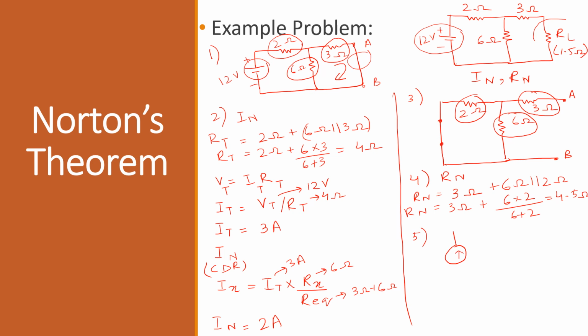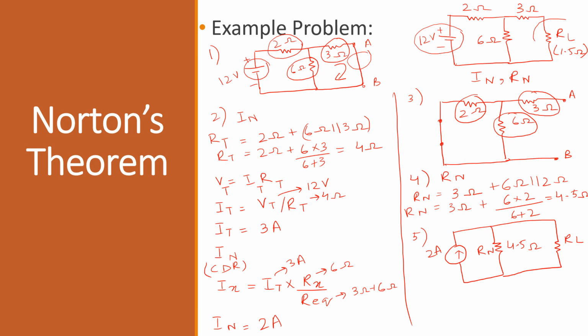This is your current source, which is 2 amperes. Now you will connect in parallel the Norton resistor, which has the value of 4.5 ohms, and here you will reconnect your load resistor, which is RL.